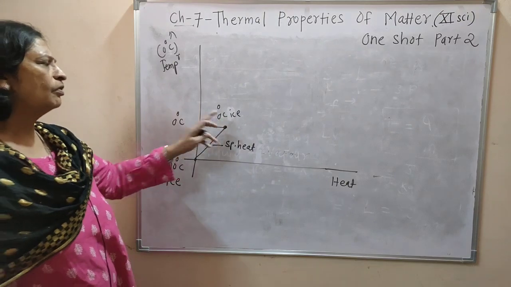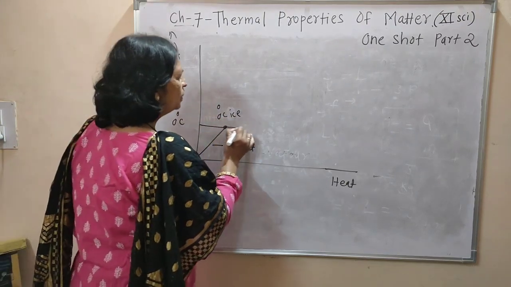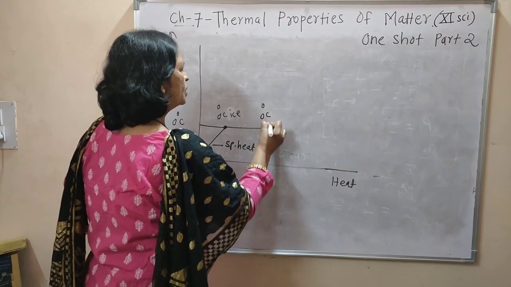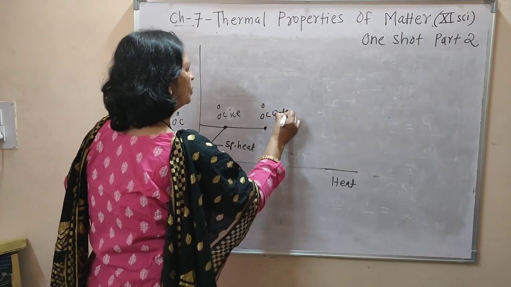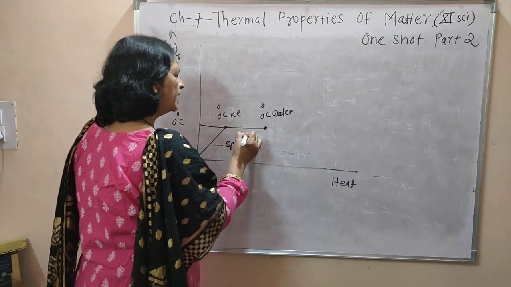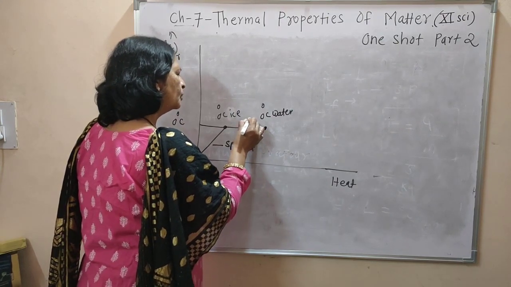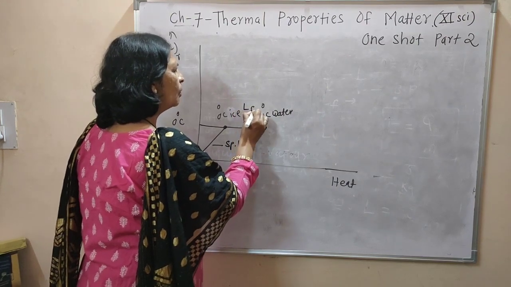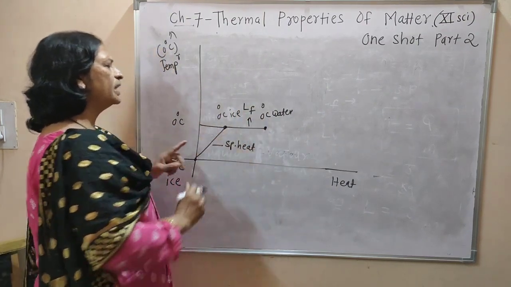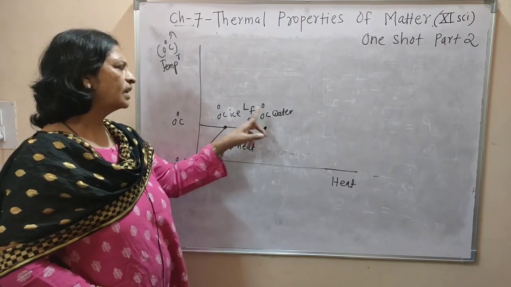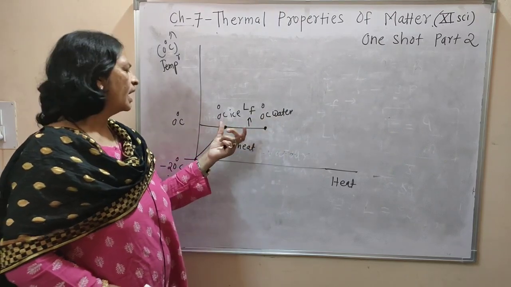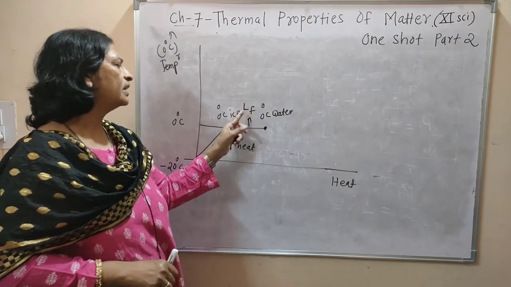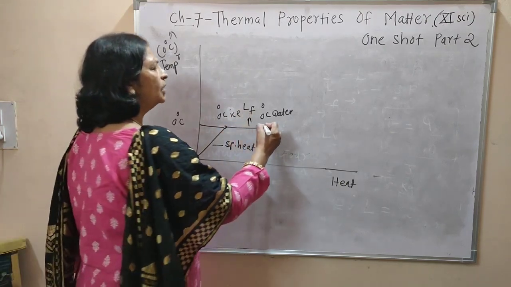Now we have to convert that ice into water, which is also at 0 degree Celsius. At that time we supply heat, and that heat is called latent heat of fusion. At 0 degree Celsius the ice gets converted into water and the phase is changed but the temperature remains constant, and that heat is called latent heat of fusion.